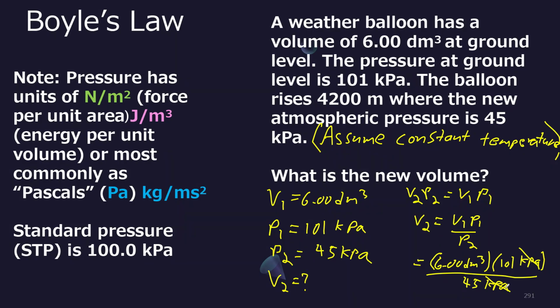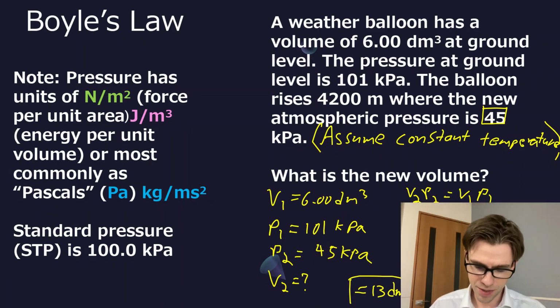So I'll be left with units of decimeters cubed, and I will get around 13. I can only write two significant figures. I think it's really 13.46 or something, but because of this 45 only having two significant figures, I will also only write my answer here with two, so about 13 decimeters cubed. So does that make sense?